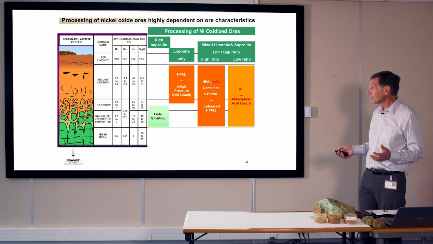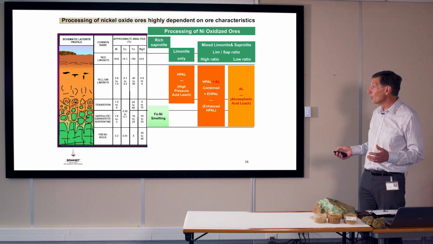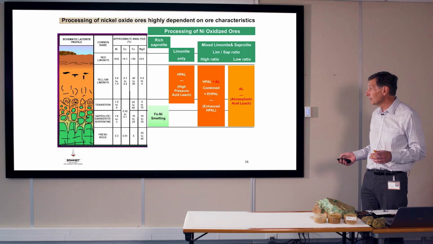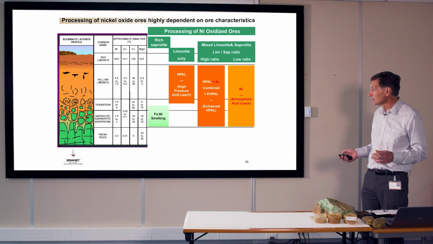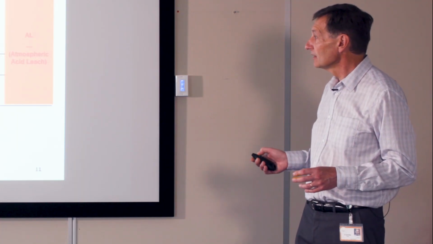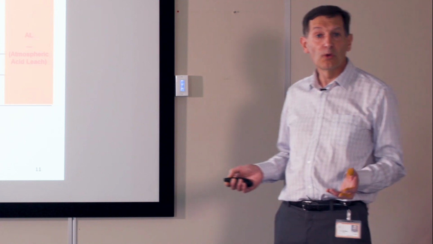Regarding the magnesium, it's contrary to the iron. Very low magnesium content in the limonite, 0.5%, and you will increase the magnesium content up to 35% in the saprolite.